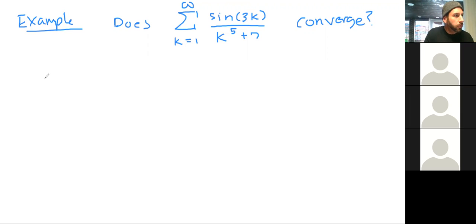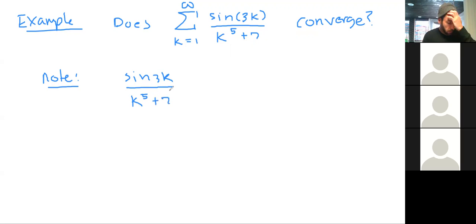And so note, if I want to solve this, I can say, okay, the sine of 3k, let's make some deductions. Let's note that this thing always, always, always, what do we know about the sine?